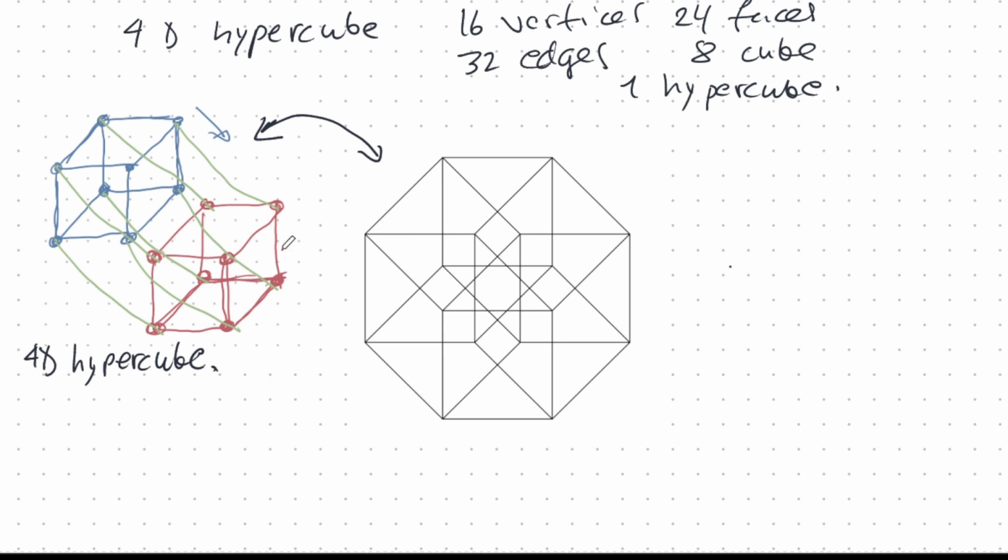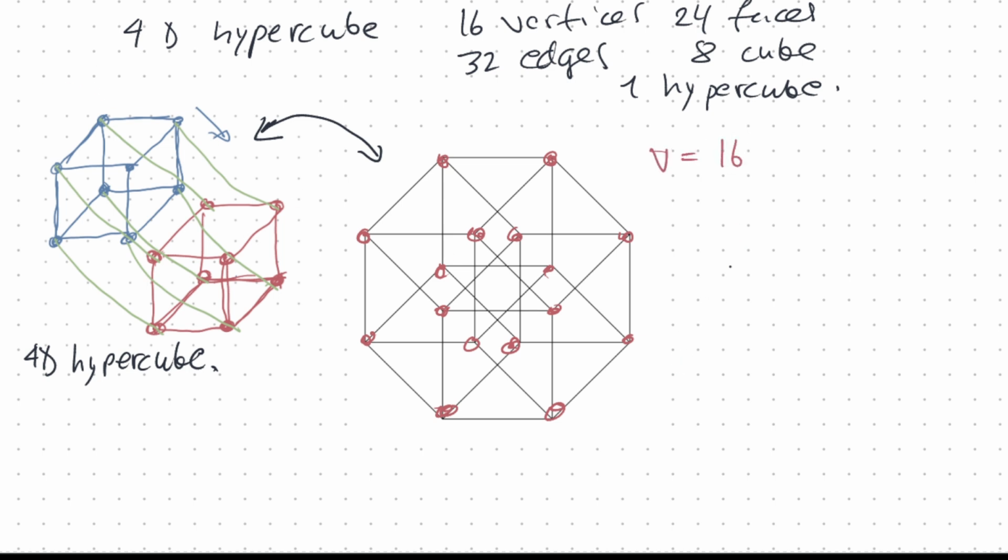All right. So let's start by counting the vertices. 1, 2, 3, 4, 5, 6, 7, 8. You get used to it quickly when you do it a few times. 9, 10, 11, 12, 13, 14, 15, 16. Yes, so V is 16.